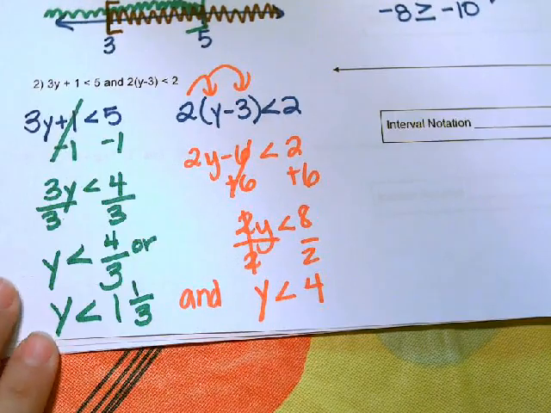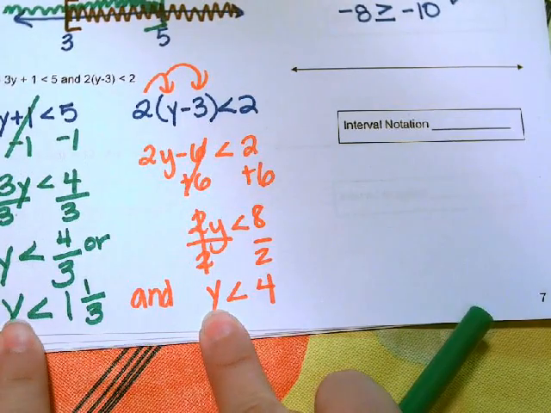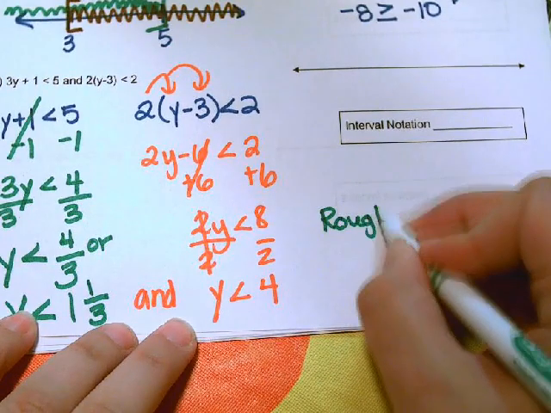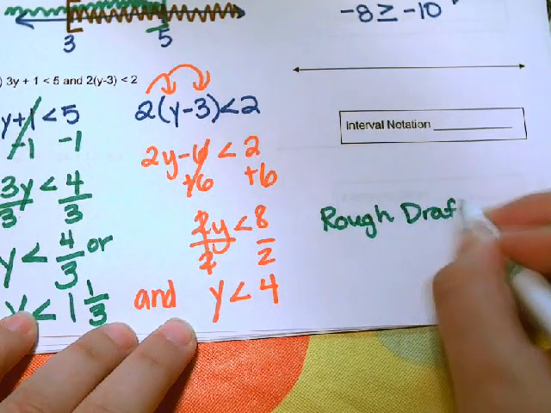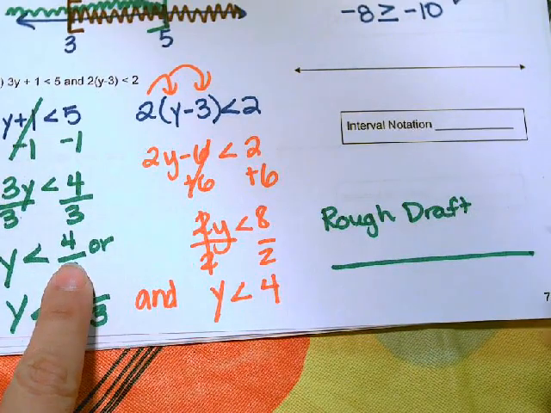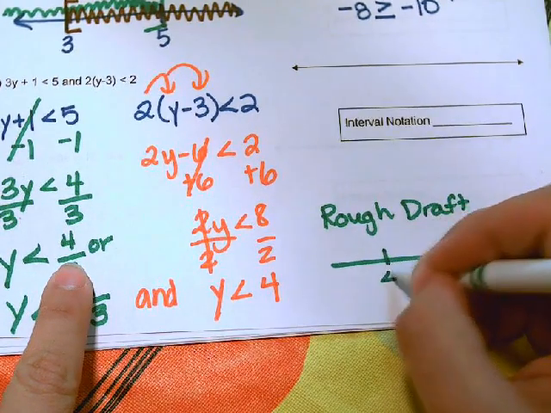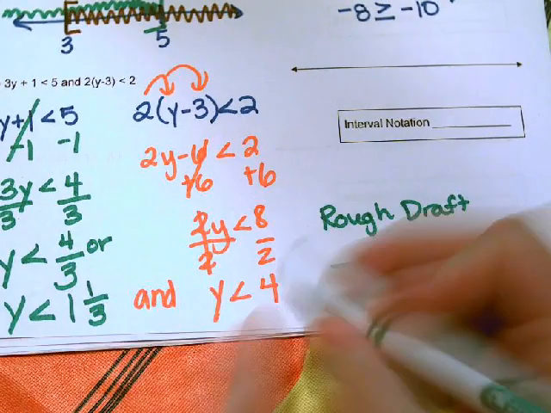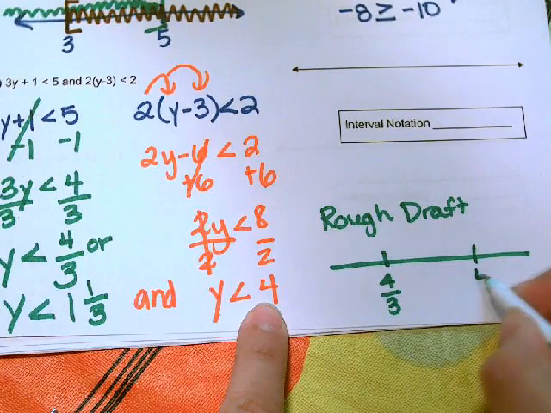Okay, so once we have both inequalities isolated, where we have the y by itself, we're going to make a rough draft. We start with the smaller number, so I'm going to go ahead and put 4/3, because 4/3 is a little bit more than 1, and this is 4, so the bigger number goes on the right.